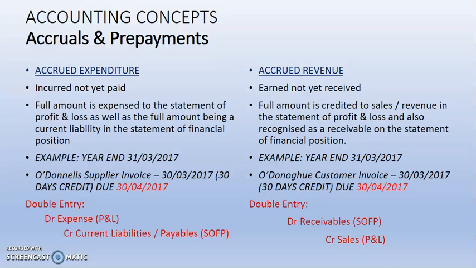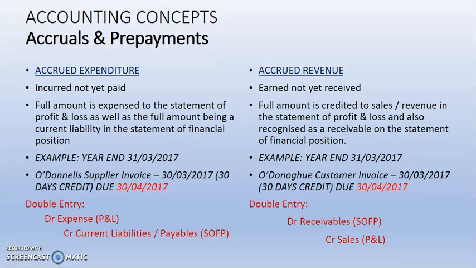So here we can see how the expenditure is accrued within the financial year, but it won't be paid until after the year end. So the double entry for this will be to debit the expense on the P&L and then credit current liabilities or the payables on the statement of financial position.